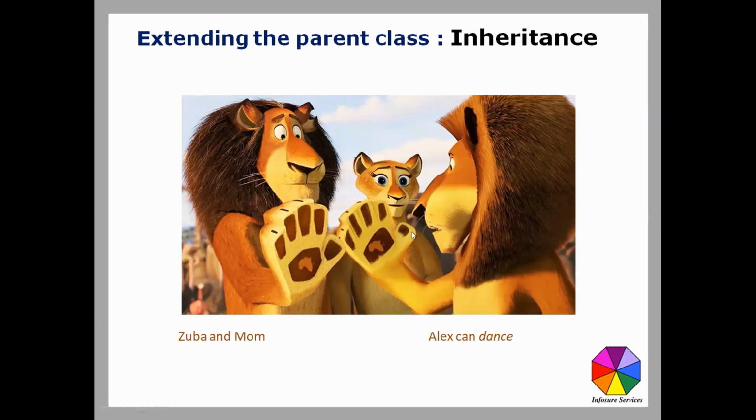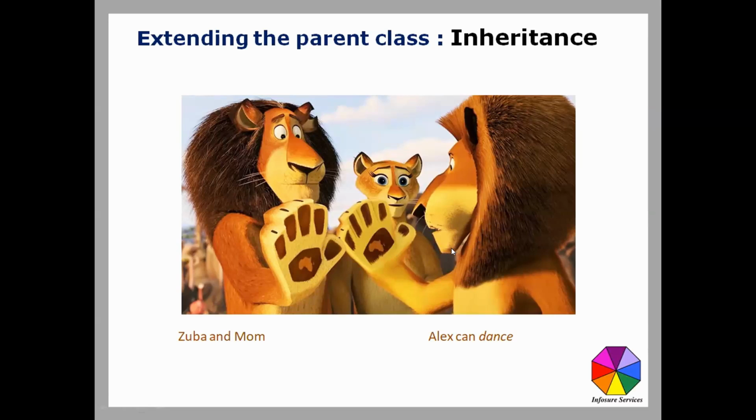So inheritance is basically when you want to extend the parent class methods in a child class. Okay, so Alex does have some properties which are common to the parent, but Alex grew up in New York, and he's not trained to hunt.